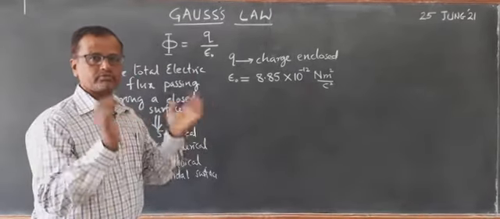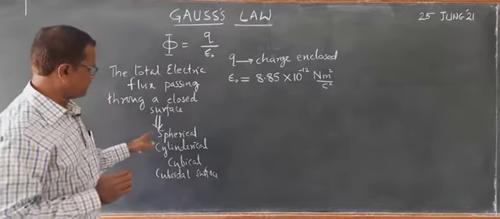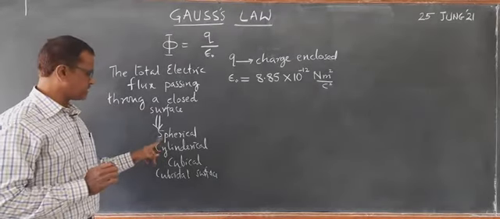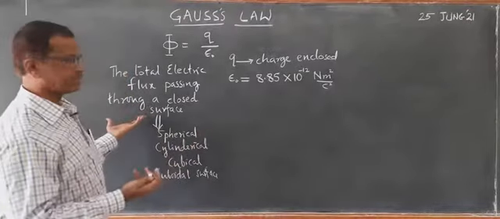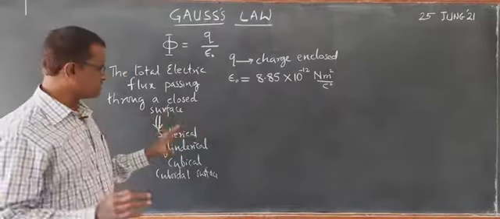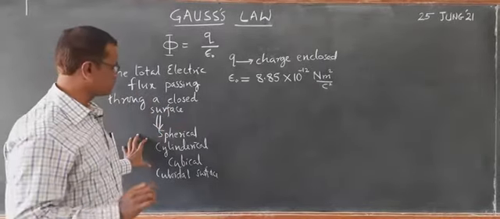The surface chosen will be usually symmetrical. That is why usually the surfaces may be spherical, cylindrical, cubical or cuboidal, or even any type of surface. There is no restriction on the type of surface. That is the first thing.